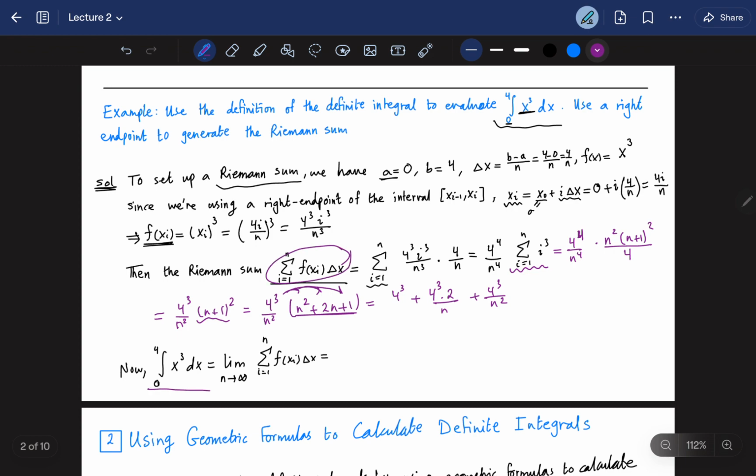if I want to find the integral using the definition, I know this is just the limit of the summation. So this is the limit as n goes to infinity for the summation of, we already found it here. So just plug it into your limit.